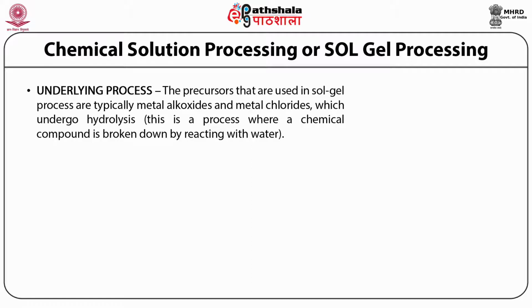The precursors that are used in the sol-gel process are typically metal alkoxides and metal chlorides, which undergo hydrolysis. So the sol then proceeds towards the formation of an inorganic network which contains a liquid phase called a gel.